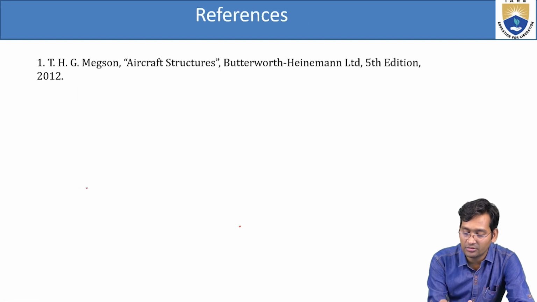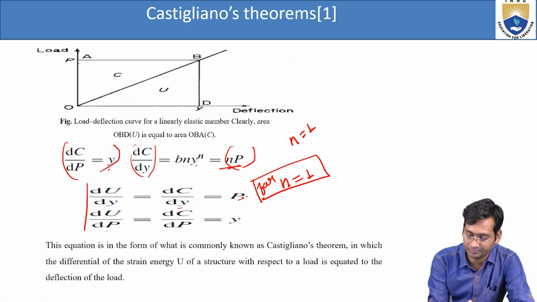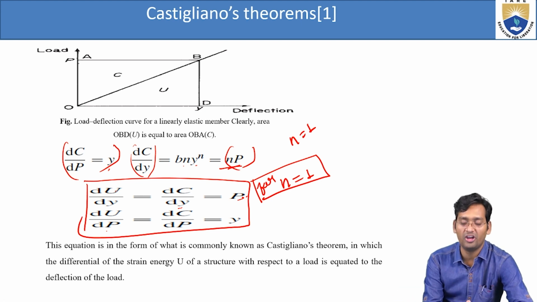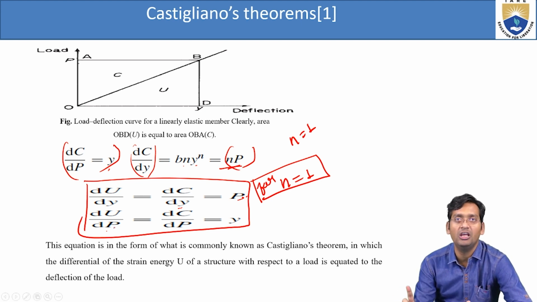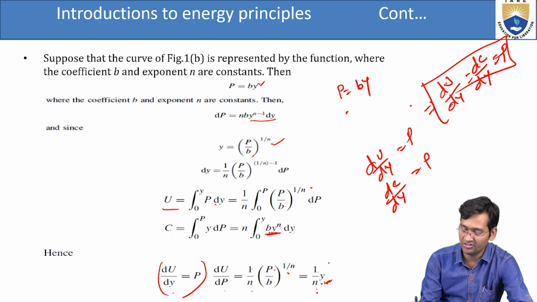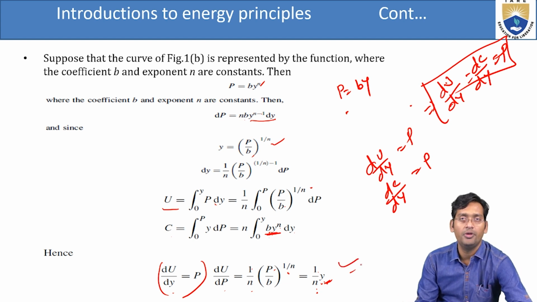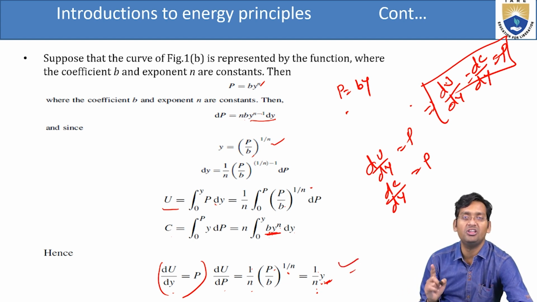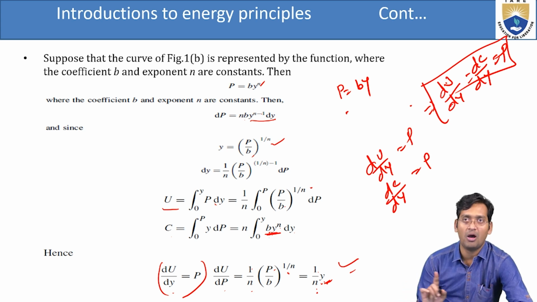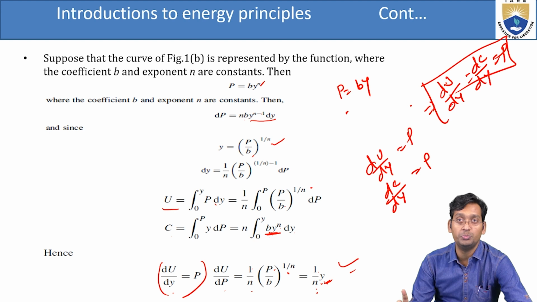So this equation for strain energy and complementary energy is called the Castigliano theorem for n equals to 1. This is the energy method, this is for the general one, right? And for a special case, the Castigliano theorem is the special case of the energy method, in which P equals to b y to the power n is there, where n is equal to 1.